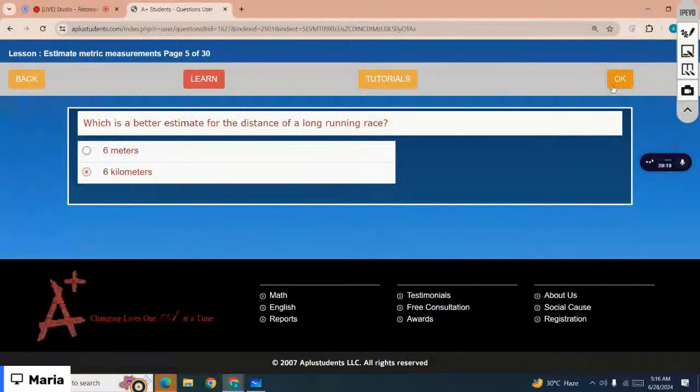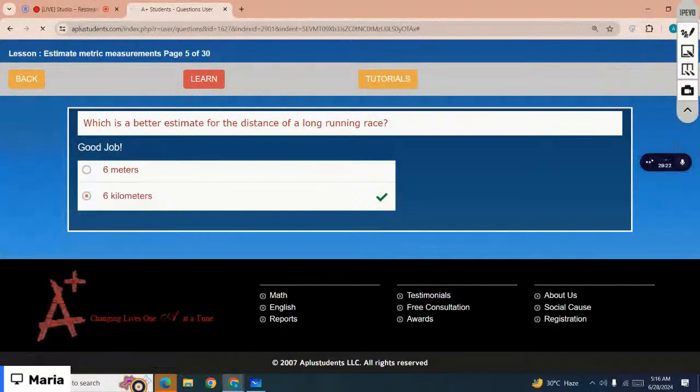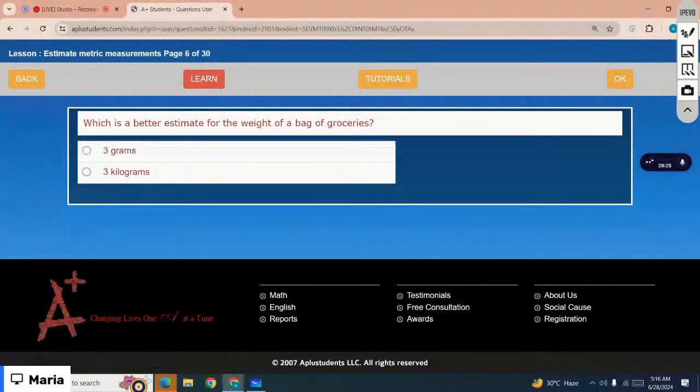Yes, 6 kilometers, the correct option is 6 kilometers. Which is the better estimate for the weight of a bag of groceries?